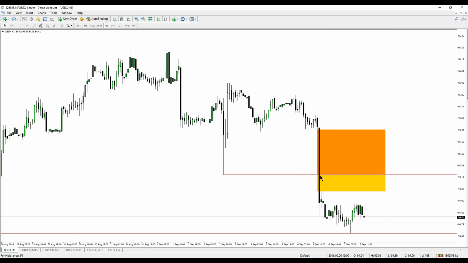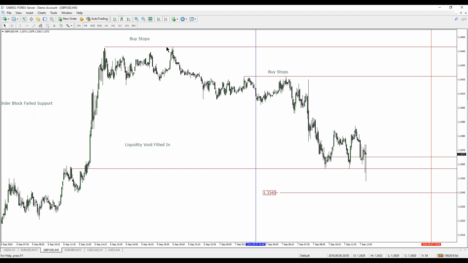The question is what makes this area down here so sensitive? Because this low and this entire void where price drops real quick, whenever we talk about liquidity voids, for instance, all this range in here, real quick movement, the market likes to come down and fill that in.